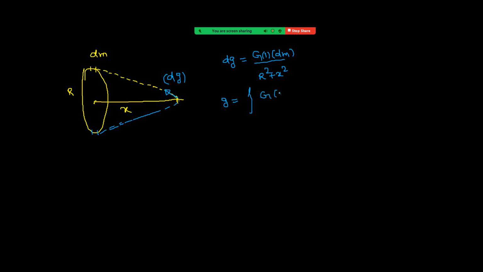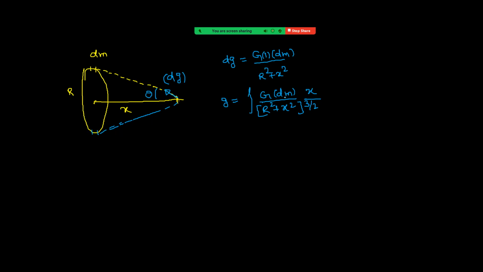g dm by r square plus x square, into cos theta. Suppose this is theta. Cos theta means x by hypotenuse, and the hypotenuse is the square root of r square plus x square. That means this power becomes 3 by 2. Now if you see carefully, in this integration, except dm, all the rest are constants.